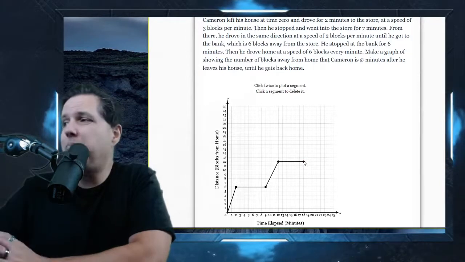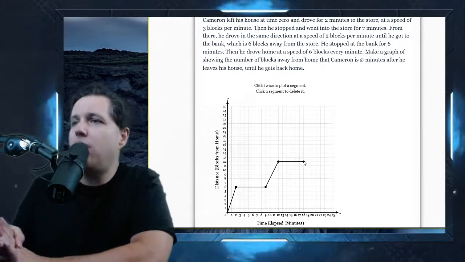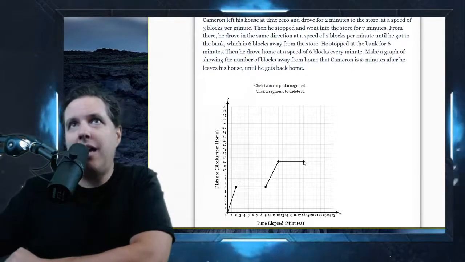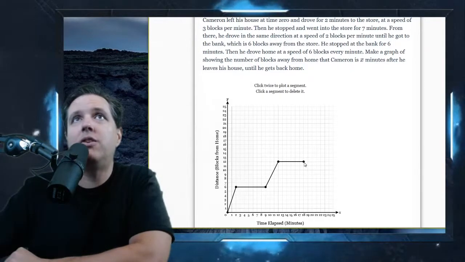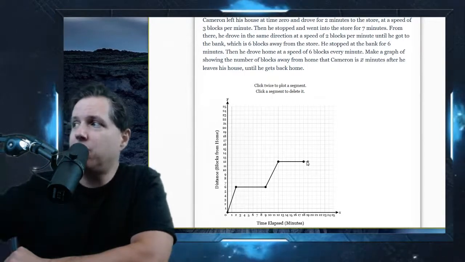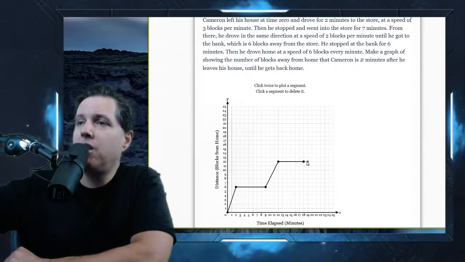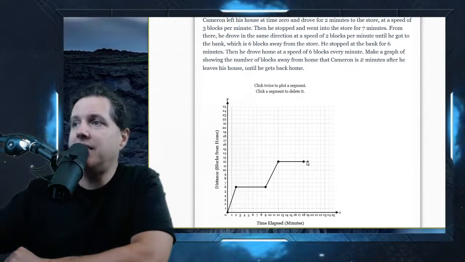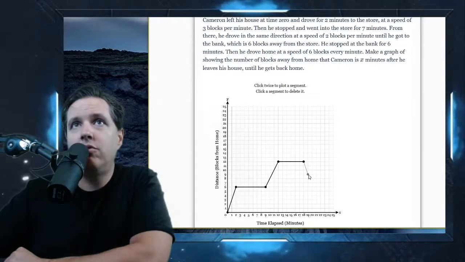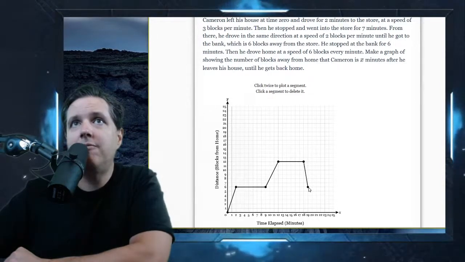So you could do this a couple ways. There's more than one right way to do this problem, okay? Everyone's graph will look the same, except you might have more points in here. So you could do it this way. You could say, okay, if he's covering 6 blocks in a minute, that means I go over 1. But remember, his direction has changed. He's going home now. So his number of blocks from home is decreasing because he's driving back home. So then I'd go down 1, 2, 3, 4, 5, 6.